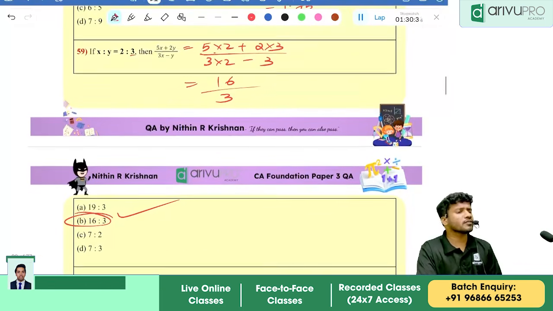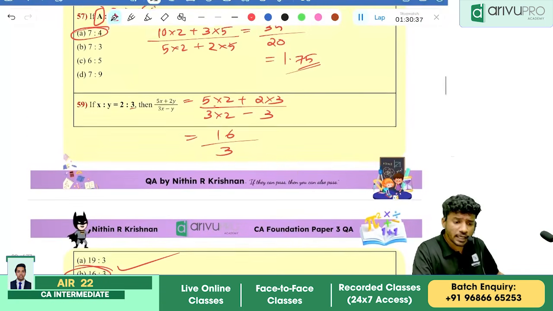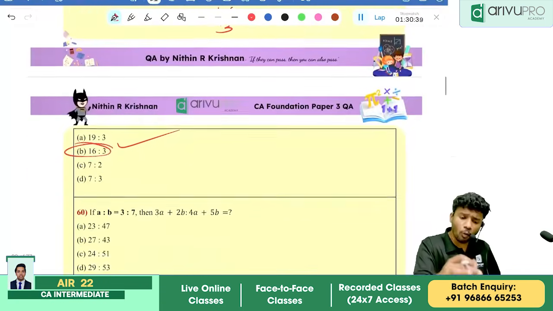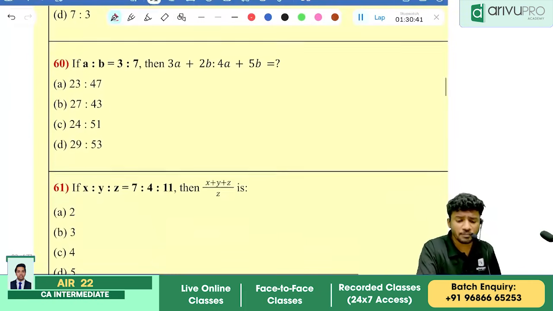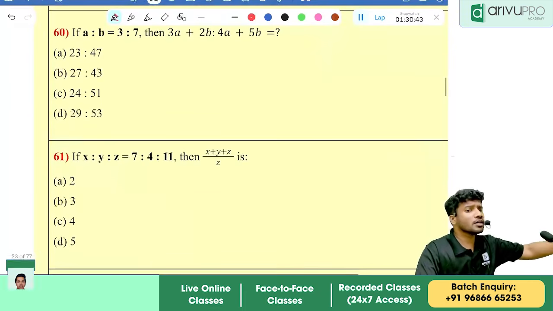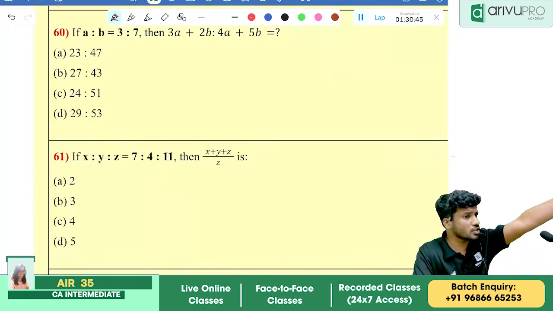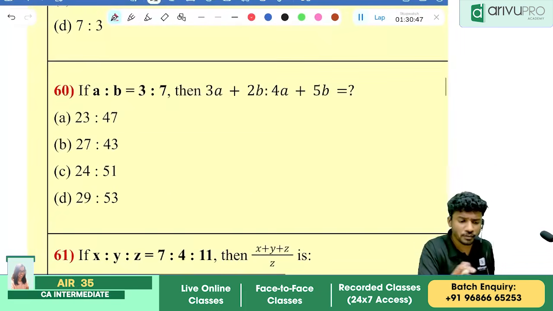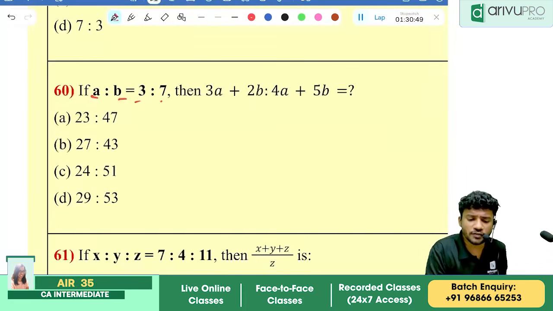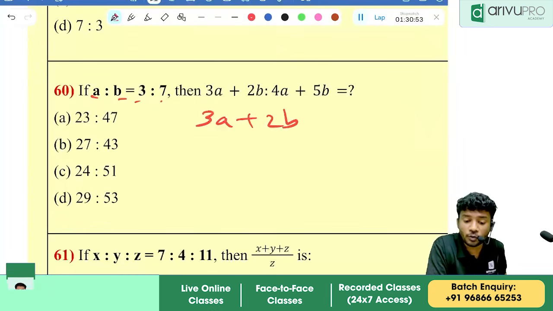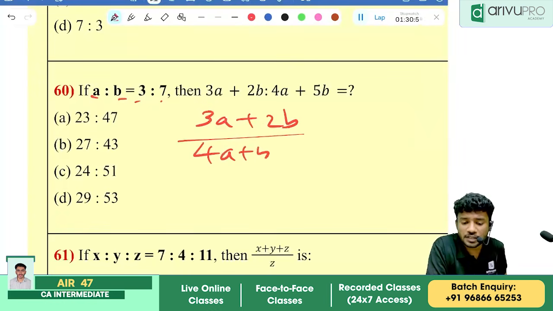Then people, what if instead of x, y, what if instead of a, b, we are getting some random values? We will do the same way. There is no change. Okay, method is same. Look here. A is to B is 3 is to 7. We need to find the ratio between 3a plus 2b divided by 4a plus 5b.